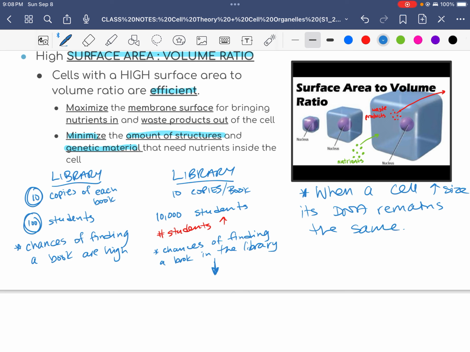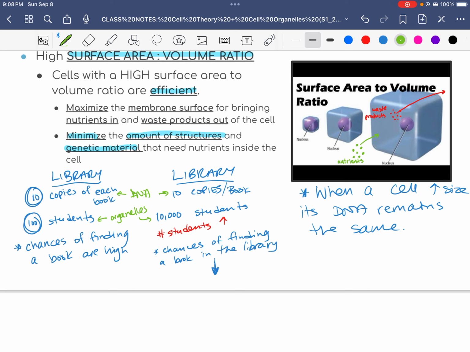In this case, the number of books is the DNA, the information, and the students are the organelles inside of the cell, the structures that are doing specific jobs.